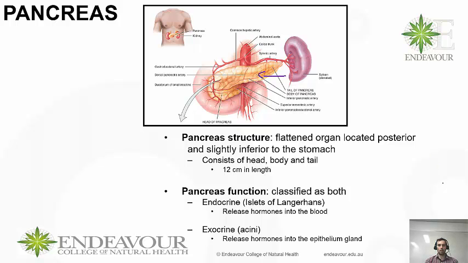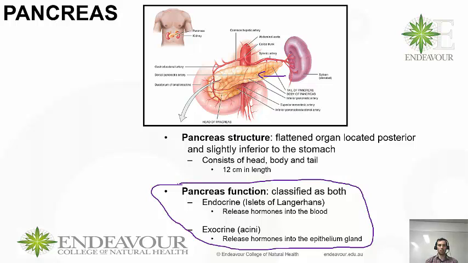So it contains important hormones and also enzymes that are involved in digestion. For example, enzymes that can break down dietary protein, lipids, and also carbohydrates. But we're going to focus on its function in releasing hormones.